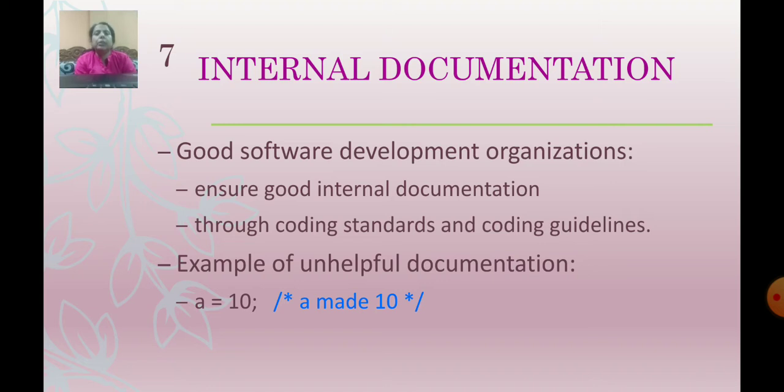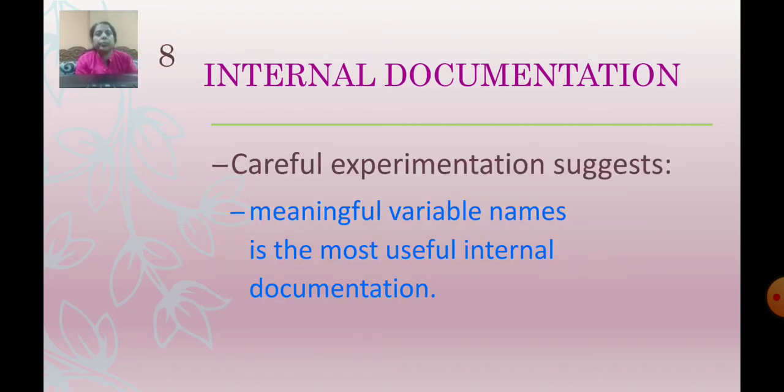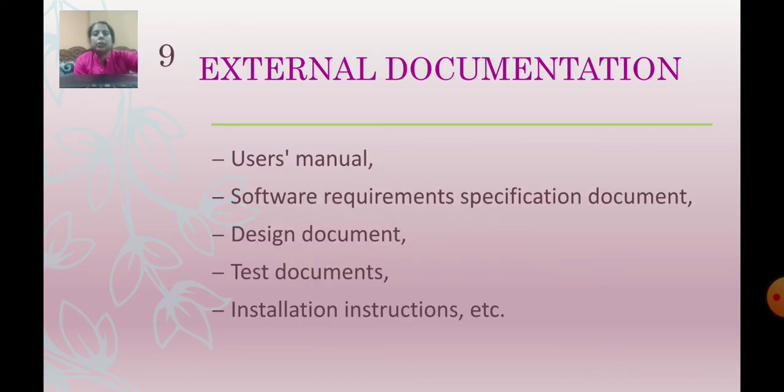This comment is not required for the statement; we can easily understand it. Careful experimentation suggests meaningful variable names are the most useful internal documentation. Means meaningful variable names are the most important in internal documentation.